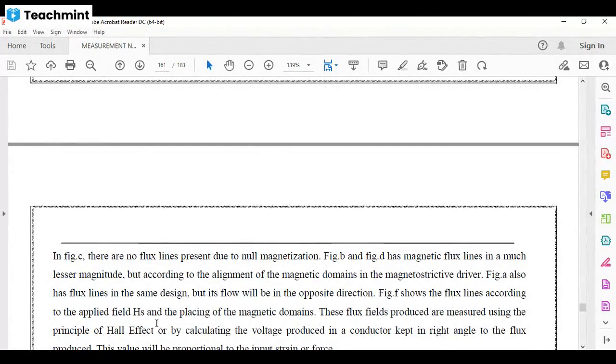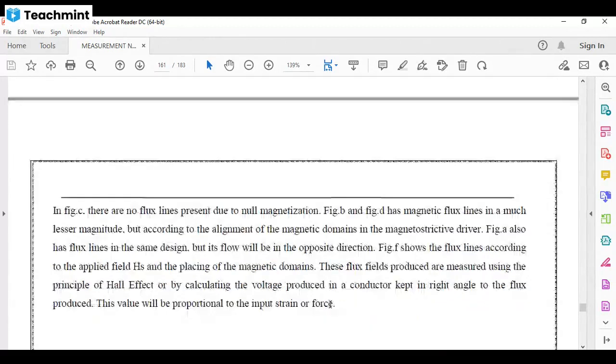The flux field produced is measured using the principle of the Hall effect, or by calculating the voltage produced in a conductor kept at a right angle to the flux produced, and this value will be proportional to the input strain or the force.